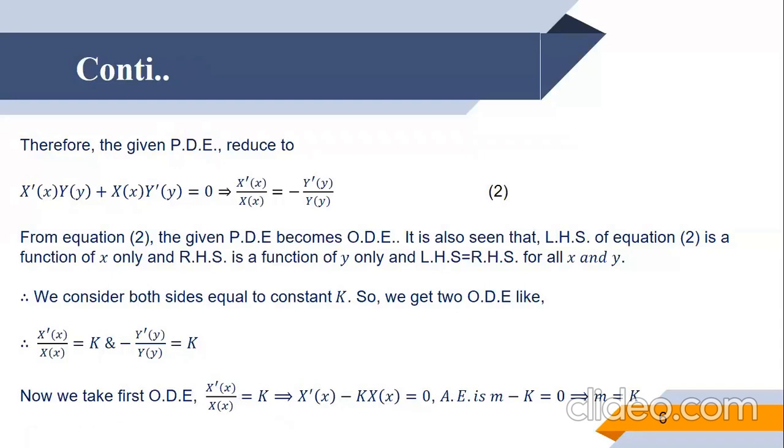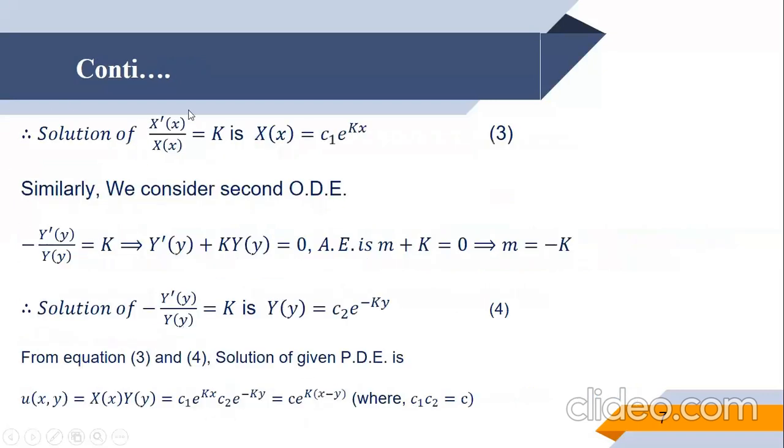So we know how to solve. Suppose we consider the auxiliary equation of this ordinary differential equation. So for X dash we replace m, m minus k is equal to 0, so m is equal to k. So therefore the solution of the first ODE is X of x is equal to c1 e raised to kx. k is a real and different root. So therefore we write c1 e raised to kx.